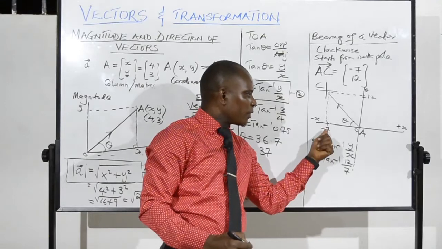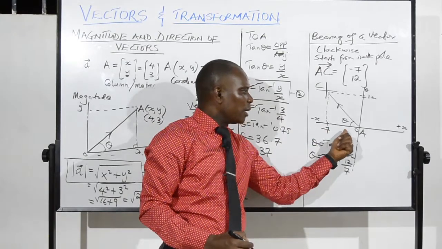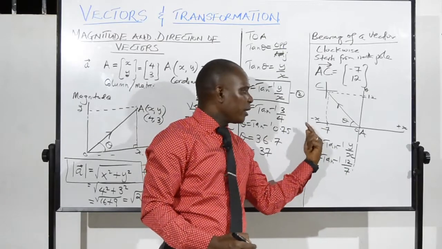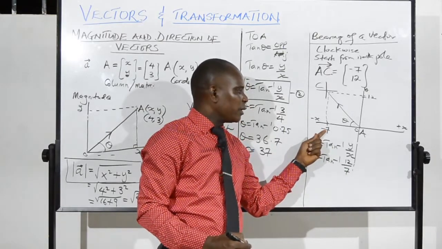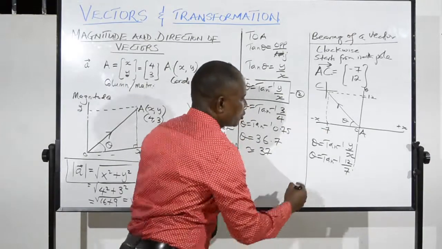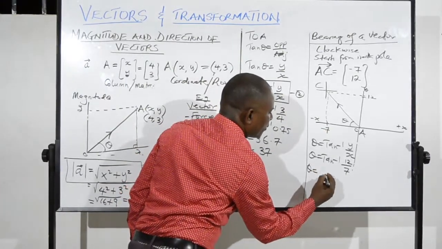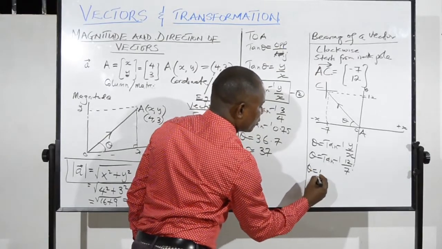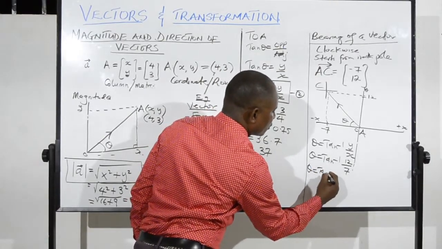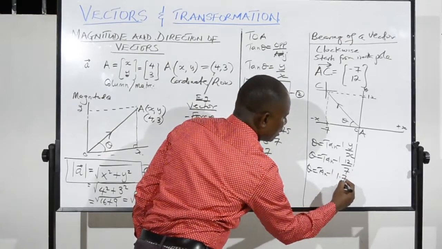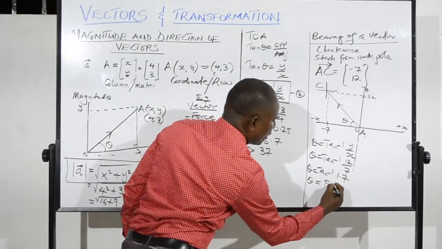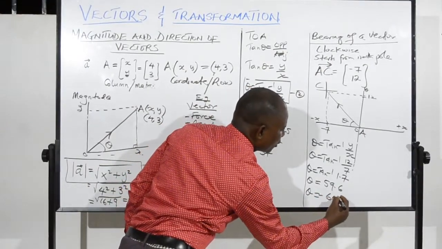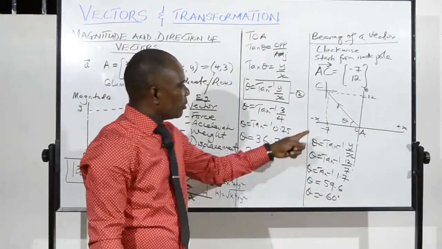I've already taken care of the negative, because the x component tells you it is in the negative x direction. So theta is tan inverse of something like 1.7. If you punch that into your calculator, you have 59.6, approximately 60 degrees, and that is the direction.